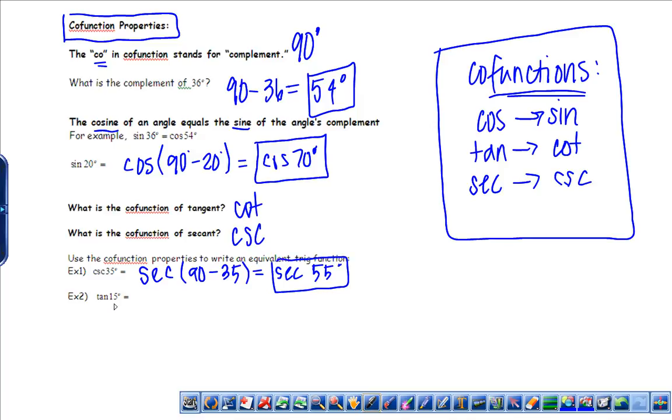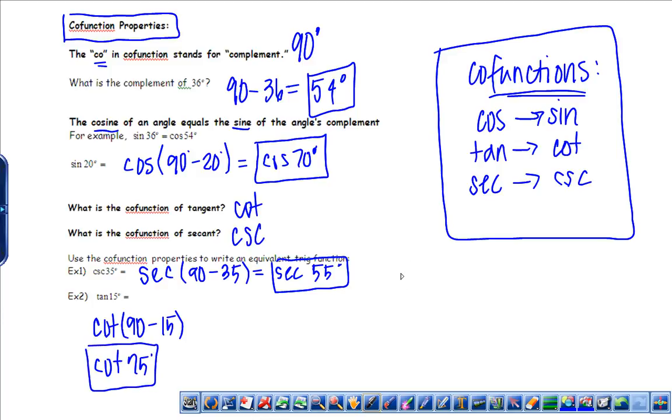A tangent of 15 degrees. So tangent, our cofunction is cotangent, so I'm going to say cotangent of 90 minus 15. So my answer would be cotangent of 75 degrees.